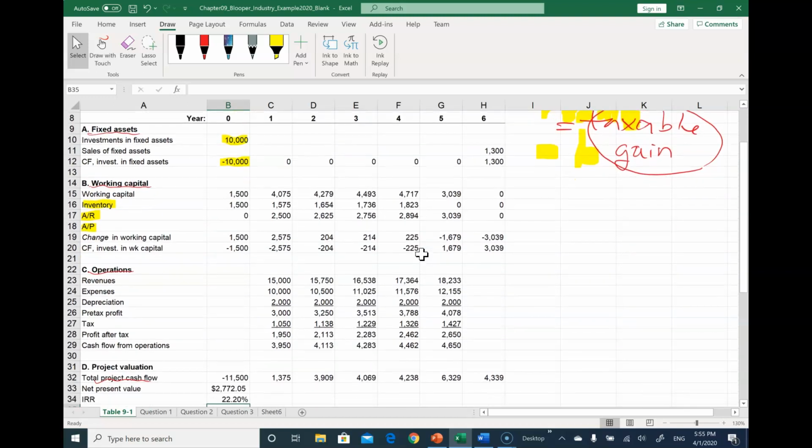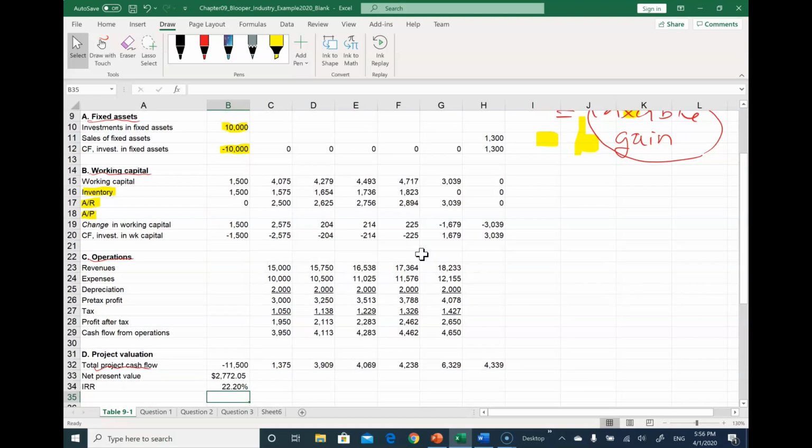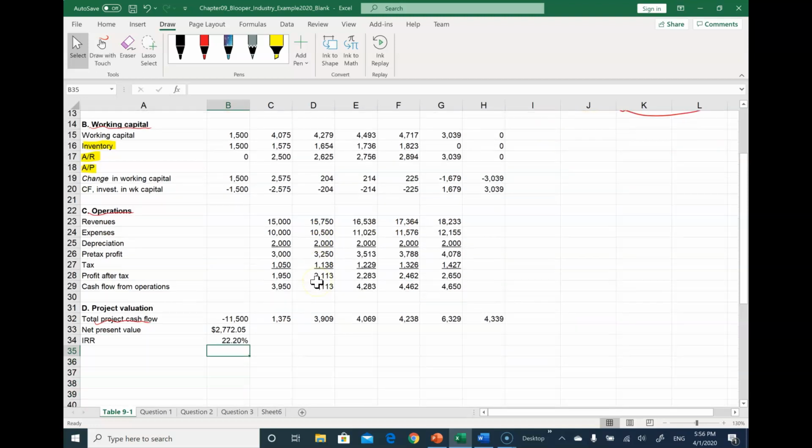So both the net present value and the internal rate of return agree that this is a great project. When the company makes this investment, the expected annual return from this project is 22%, and the total amount of profit that the company is expected to make is $2.77 million.